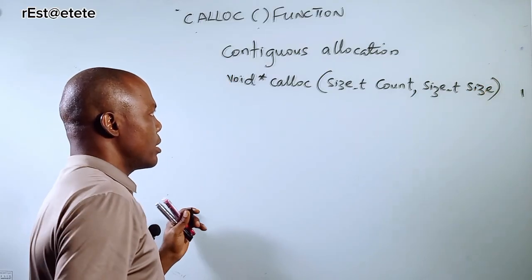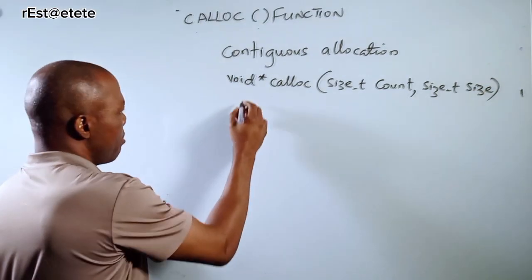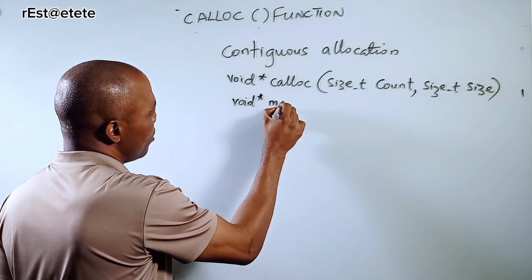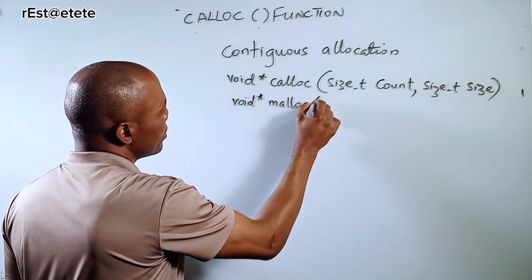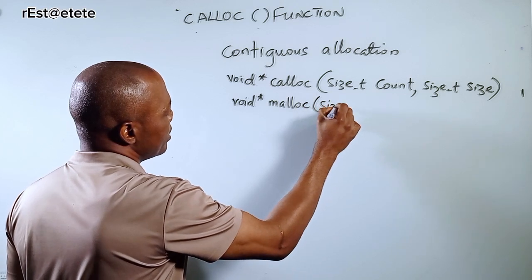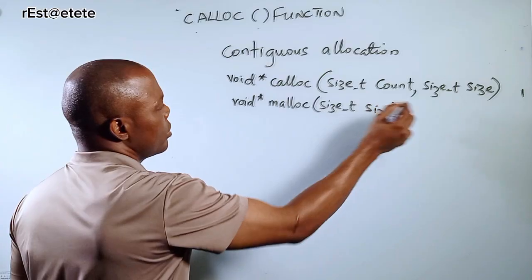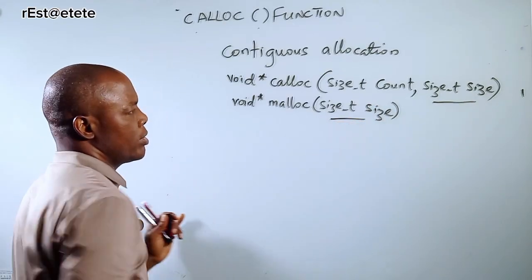So this is for calloc. For malloc, you had something like this: void pointer malloc, then you say size_t size, right? So this was the only parameter you had in the case of malloc.